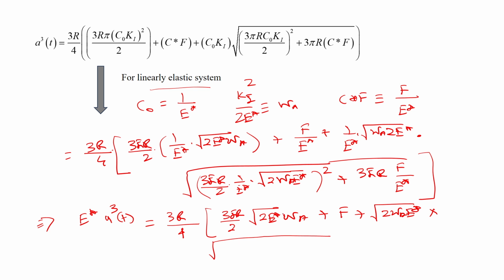So it will be 2 E star, so E star square. So it will be equal to 3 pi r, and 2 gets cancelled. So it is Wa, and this is E star plus this is 3 pi r into F by E star. Further simplification has to be done.